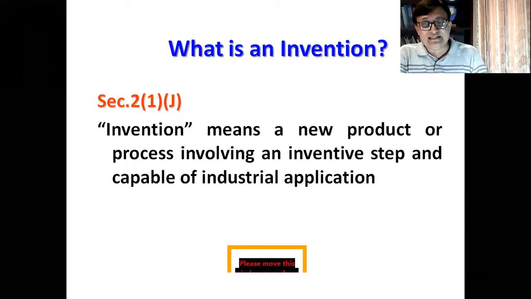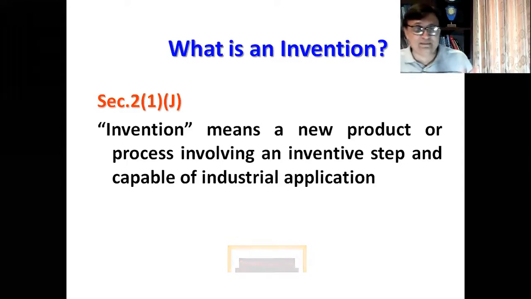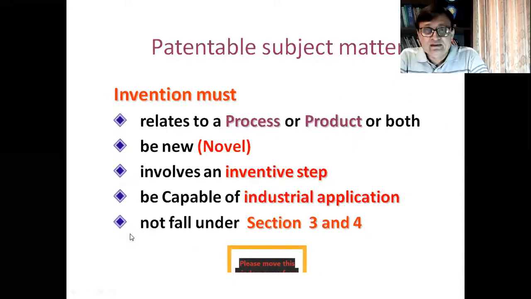Second, it is an inventive step: something new has been developed, and it is non-obvious. And thirdly, this invention must have industrial application. If it has no industrial application, then this invention is not registrable under the Indian Patent Act 1970. This we must keep in mind.